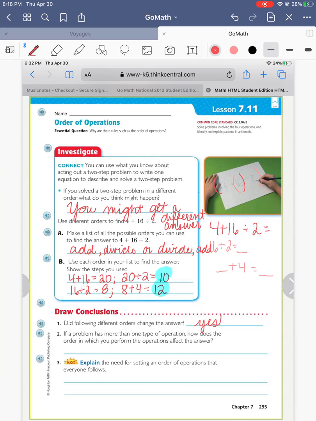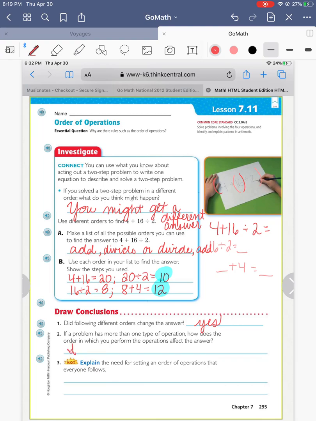Kind of like if you were trying to get somewhere and you asked somebody how to get to the grocery store, and they told you to turn left and walk down the street and then turn right and then turn left again, and then you're at the grocery store. It would take you like 10 minutes to get there. But if somebody told you to go the wrong way and you had to turn back around and get there a different way, it's going to take you a different amount of time to get to the grocery store.